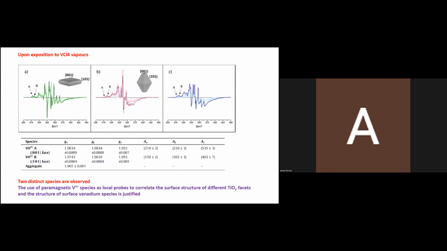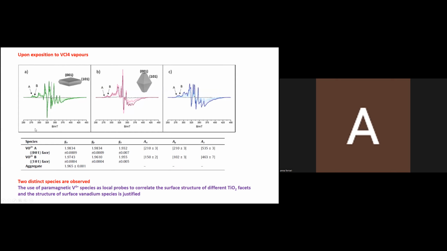On these two kinds of titanium dioxide crystallites, the surface was exposed to vanadium 4 chloride vapors.